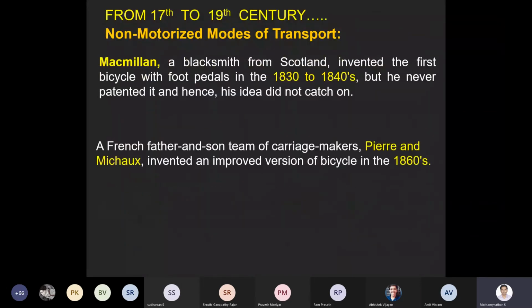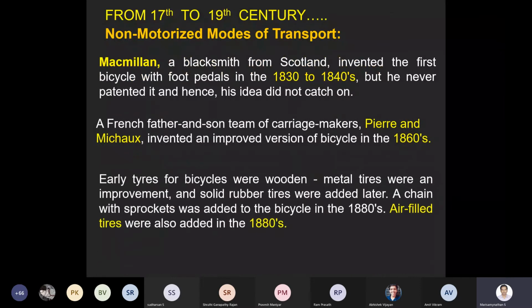With respect to the tire, first wooden tires, then metal tires, then rubber with solid tires, then chains with sprockets, and the air-filled tire was implemented in the 1880s. So this development happened from 1830 to 1880 in the field of bicycles.